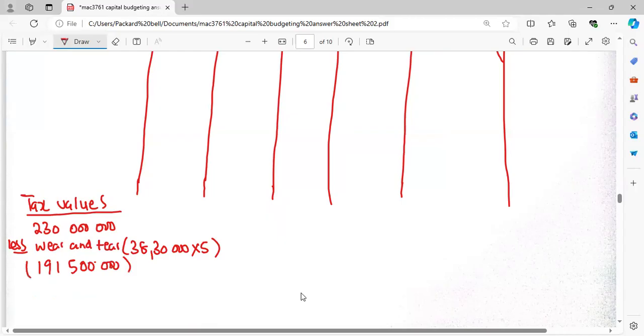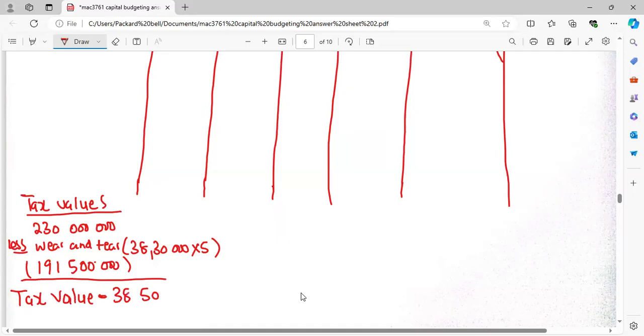So what is going to be the tax value of the asset? We subtract 230 minus 191,500,000, and we get our tax value. We remain with 1 year, so it's 38,500,000.